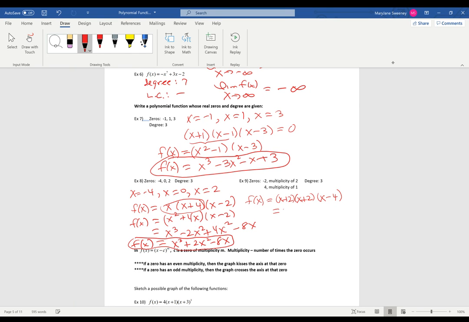So this is x squared plus 4x plus 4 if I FOIL, times the x minus 4. So that's x to the third minus 4x squared plus 4x squared minus 16x plus 4x minus 16. That's me distributing through. So it's x to the third minus 12x minus 16.